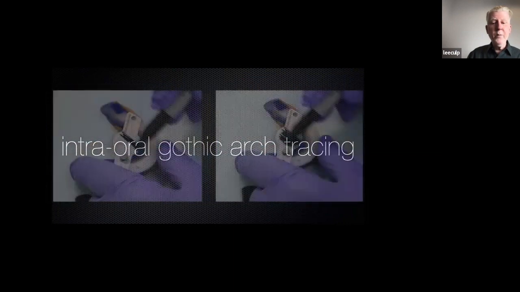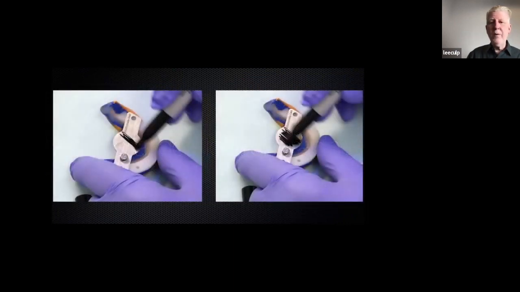So now we're going to take those impressions out of the mouth and we're going to take the spacers off, and the little Gothic arch tracing device just literally snaps back into place, and then we're going to go back in the mouth. And from here, you'll go through your excursive movements and get a very traditional Gothic arch tracing.